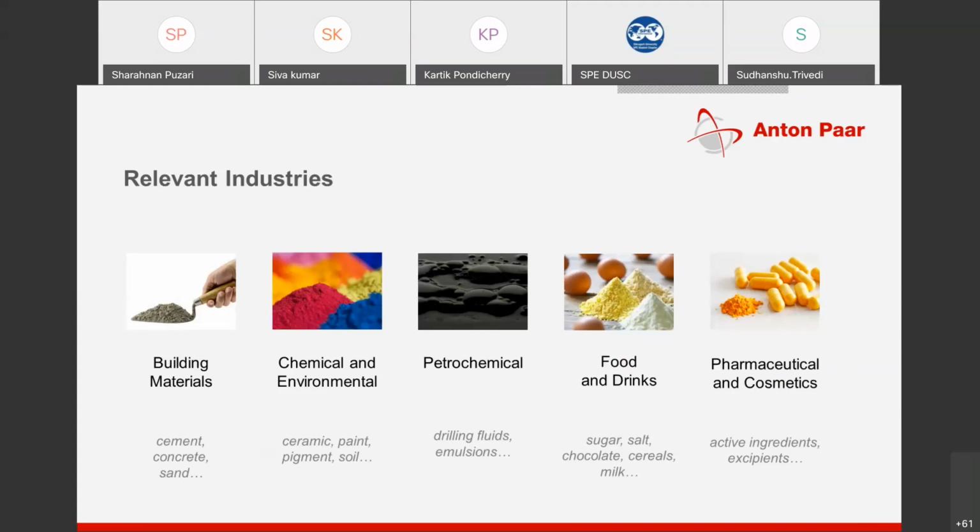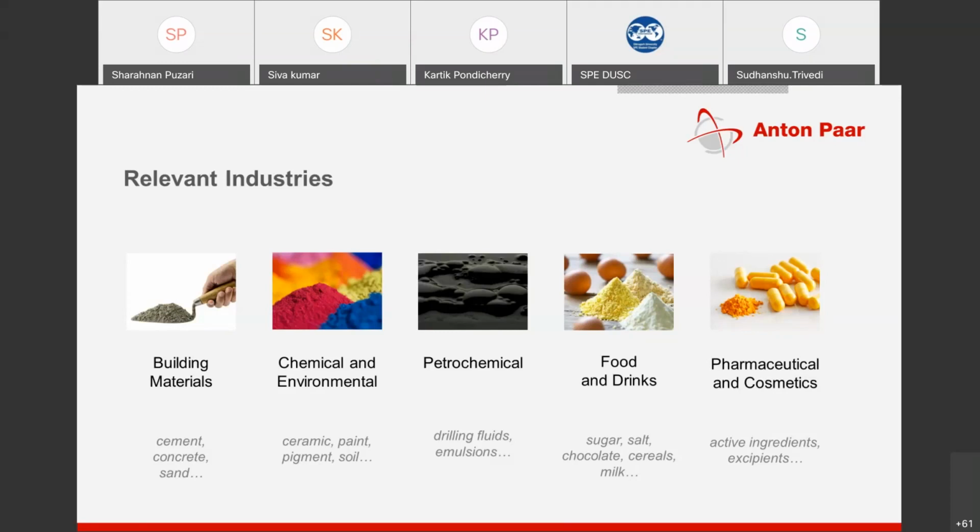For petrochemical, I will take a little bit elaborately because this is your application area. Food and drinks, I can give you the example of chocolate. In chocolate, the mouth feel or texture comes by controlling the particle size. If you have very small or very fine particles, then when you eat the chocolate, it will stick to your tongue.